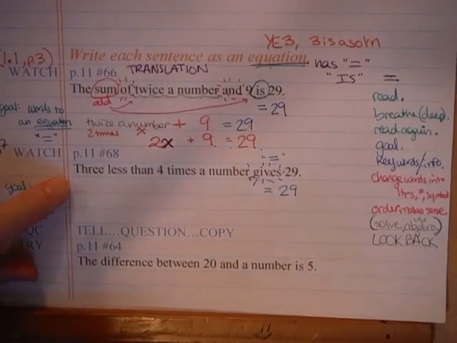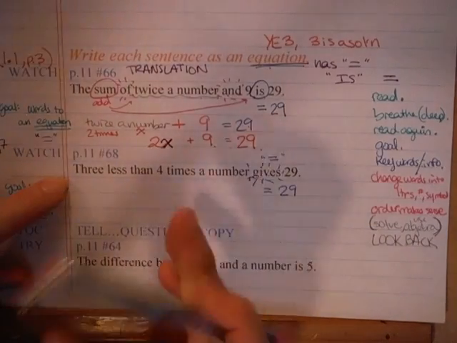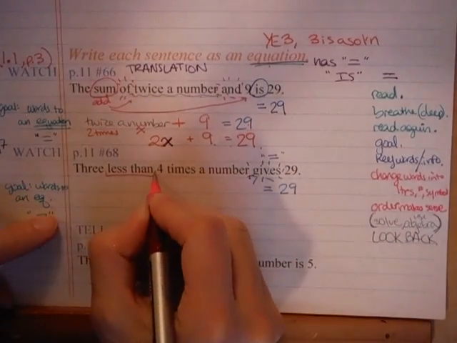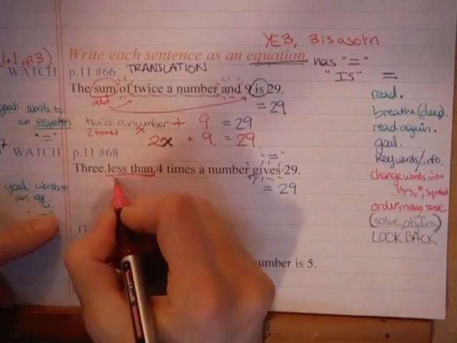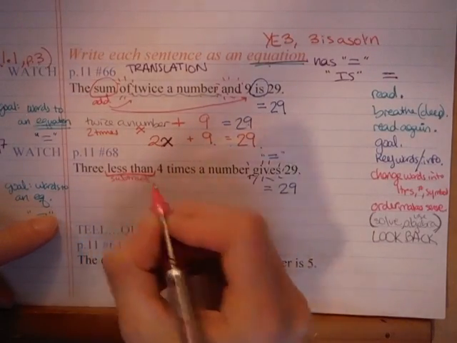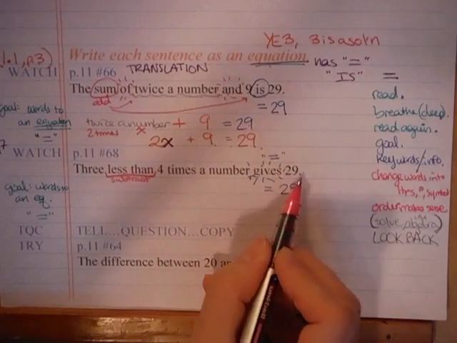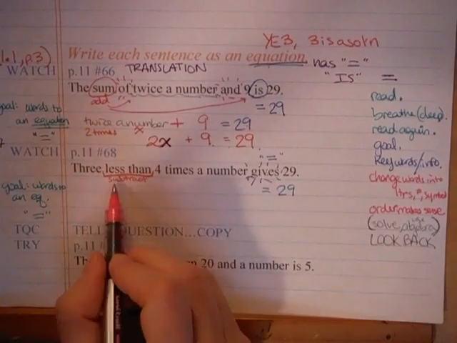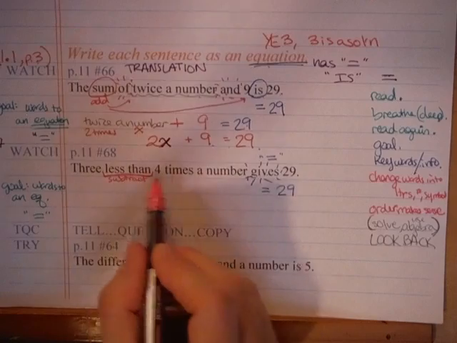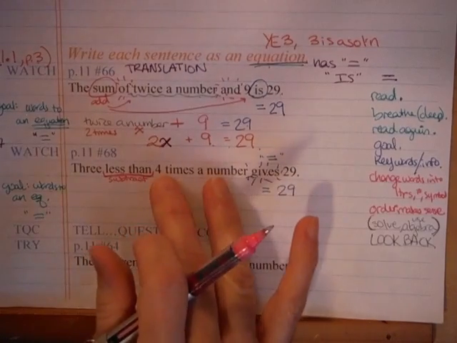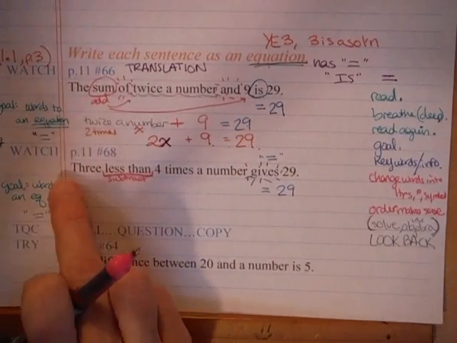So let's look at the front end now. 3 less than, oh, we've had ones like this, haven't we? 3 less than, this hints at subtraction. 4 times a number gives 29. So the question, is it 3 minus 4 times a number, or is it the 4 times a number minus 3?